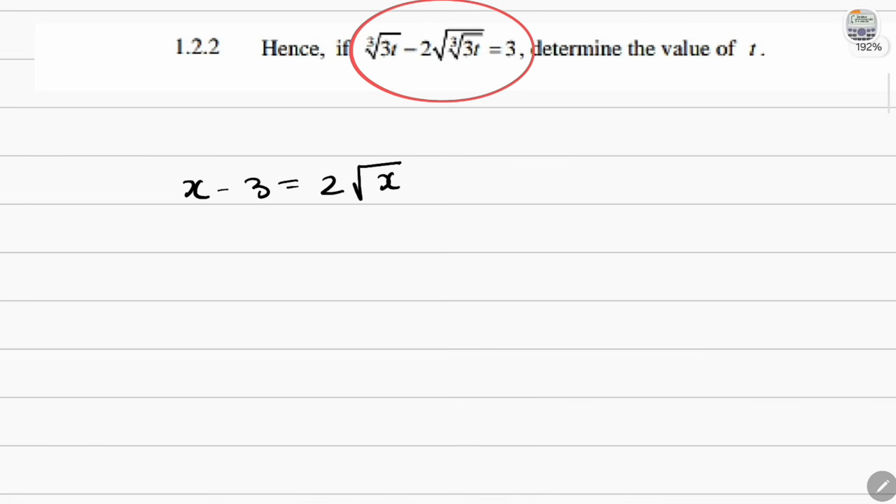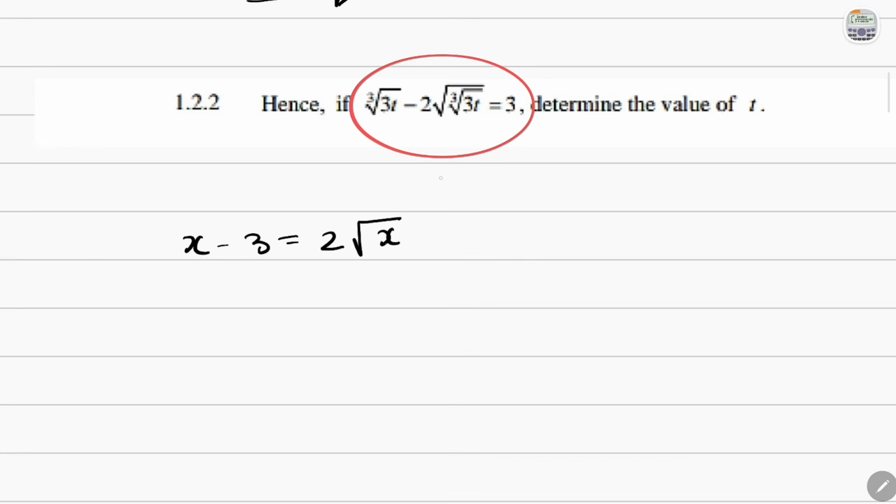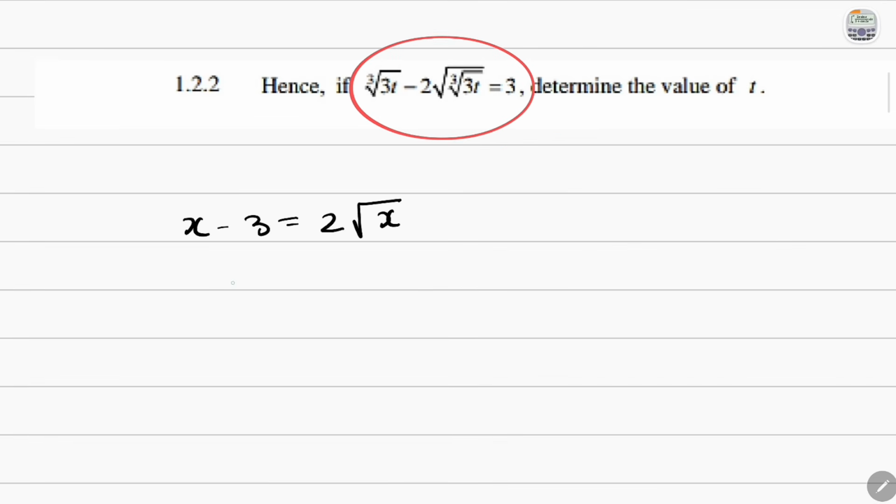Okay, so compare these two equations. Do you see anything that is similar? So this says x minus 3. This says the cube root of 3t minus 2. Okay, so clearly they have switched something around. The 3 is appearing here, but then here this thing with 2 is appearing on the right-hand side. So let's do this first.